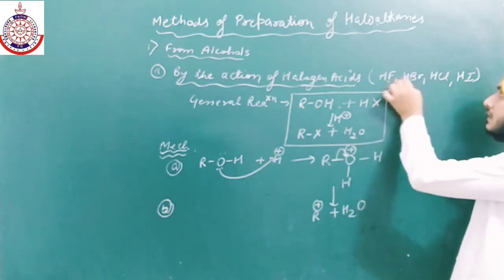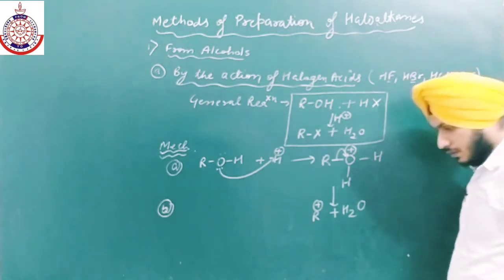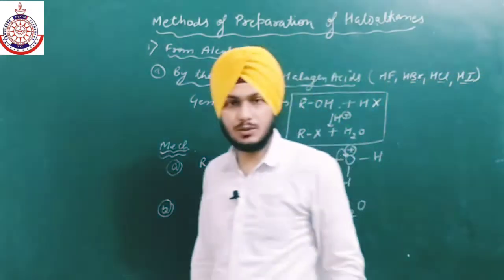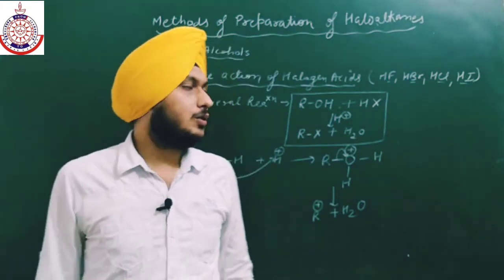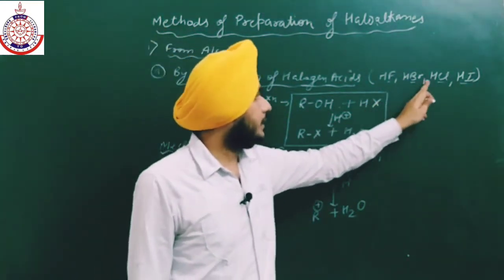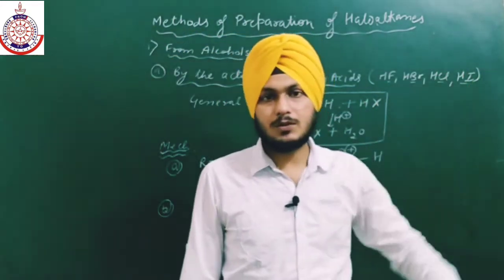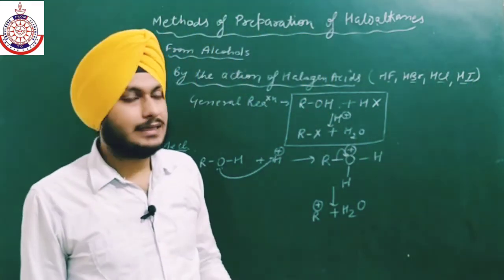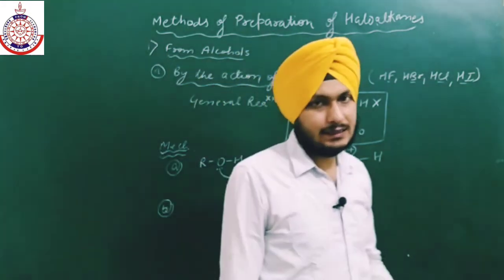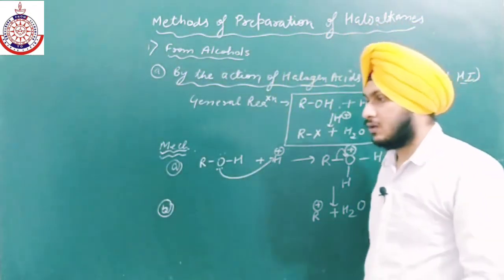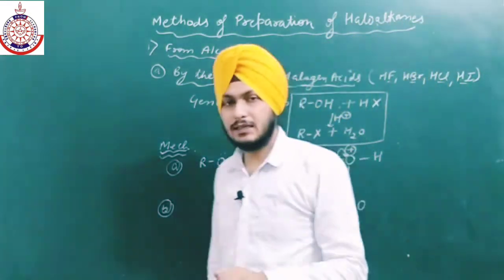So we have these four nucleophiles. Now we all know the nucleophilicity order. This is the case of the same group, and as we go from top to bottom, the nucleophilicity increases because the atomic size increases and the attraction of the lone pair towards the nucleus decreases.